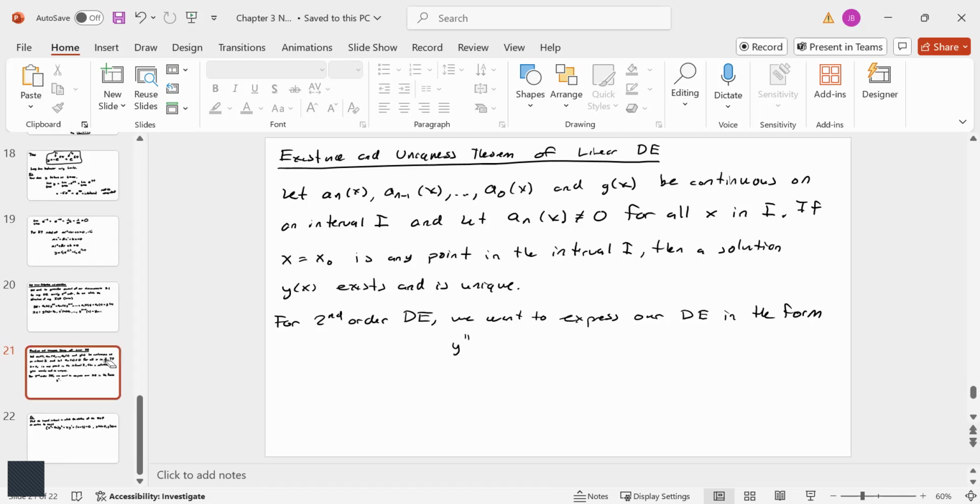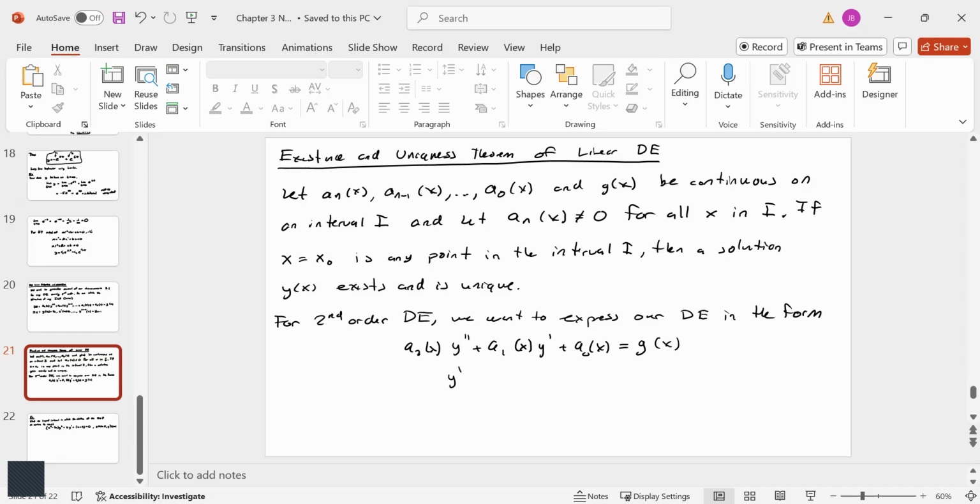So here, I'll do it this way. We define the expression in the form y double prime plus a_1(x) y prime plus a_0(x) y equals g(x).